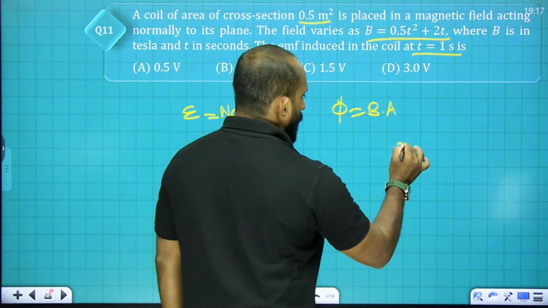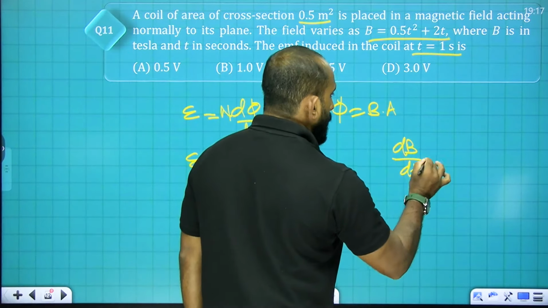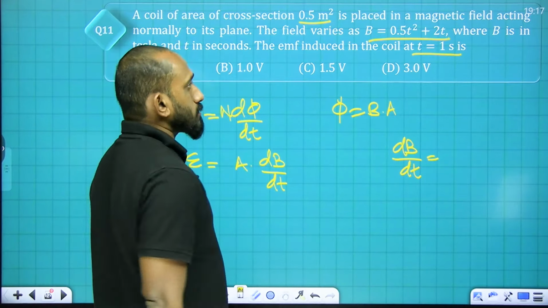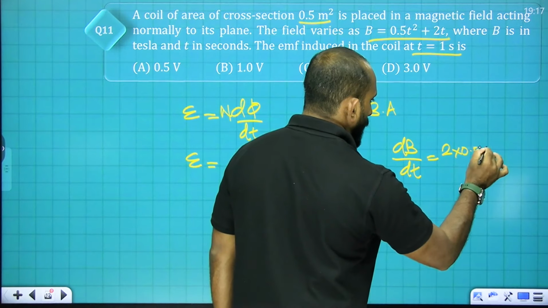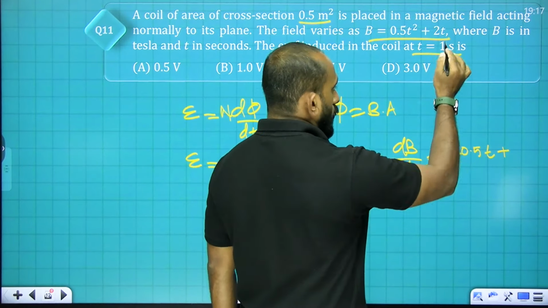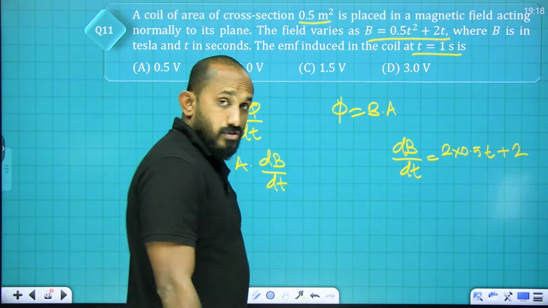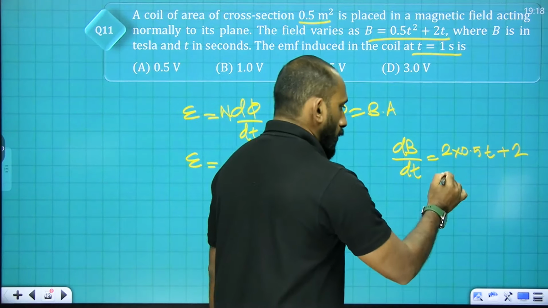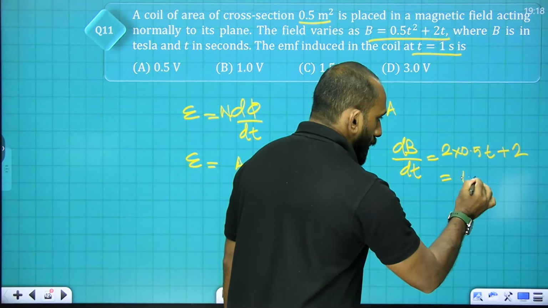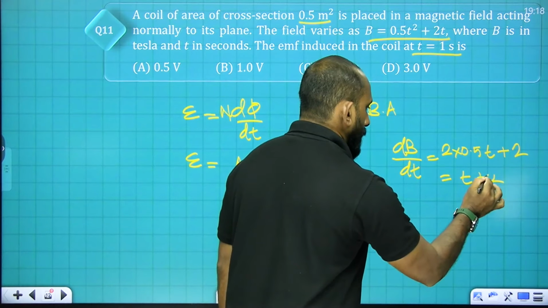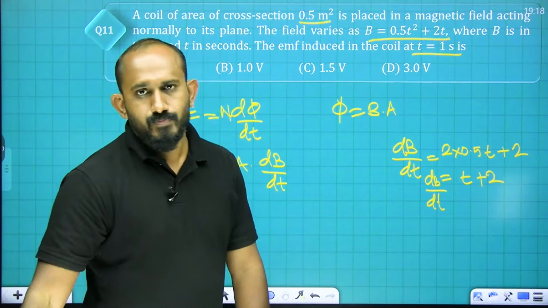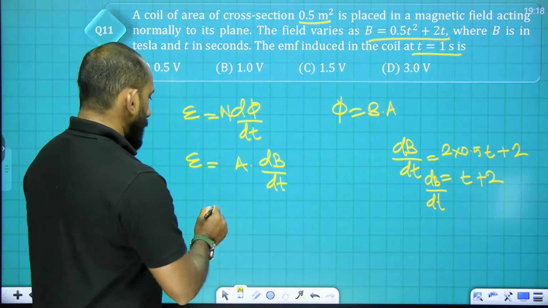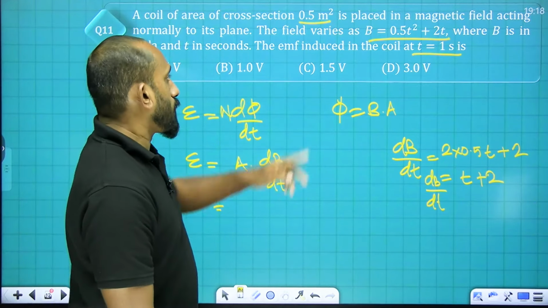So it's given here B is equal to 0.5 t square plus 2t. If you do the differentiation, that is 2 into 0.5 t plus 2, so that is 1 into t plus 2. dB by dt is t plus 2. So here A is how much? Area of cross section is 0.5 meter square.